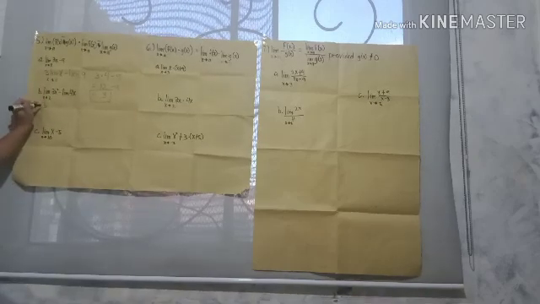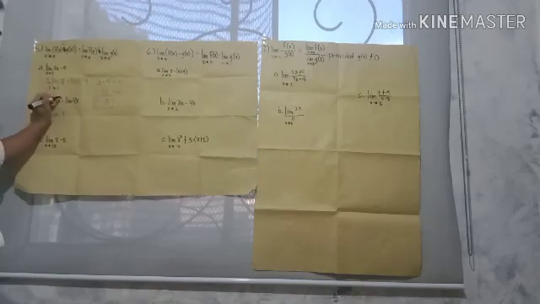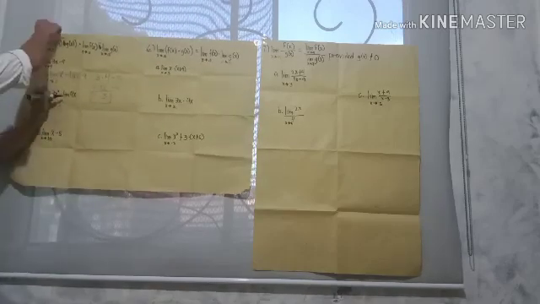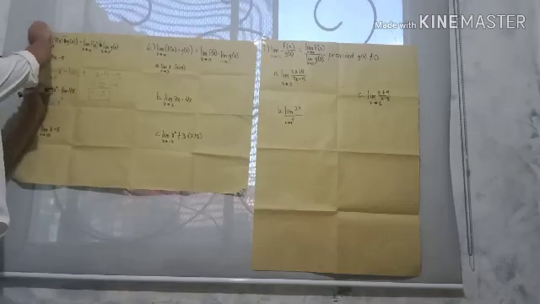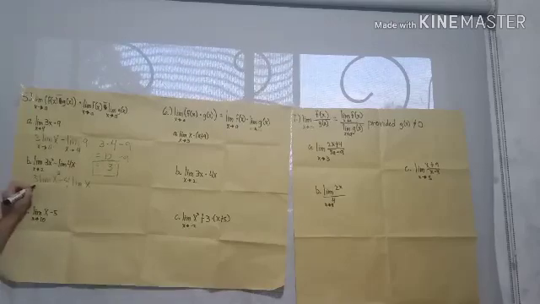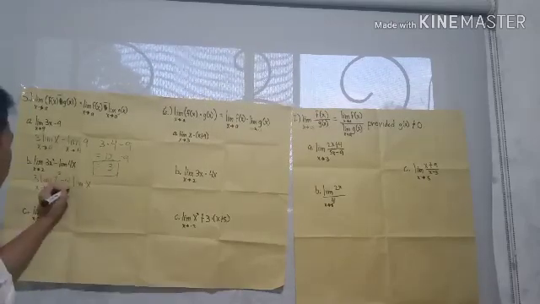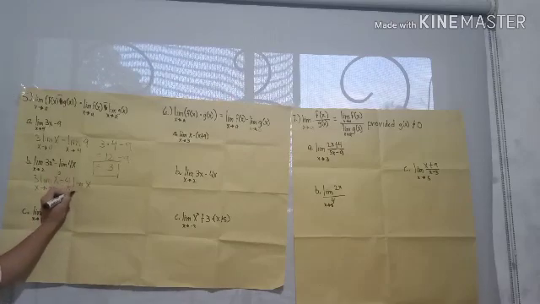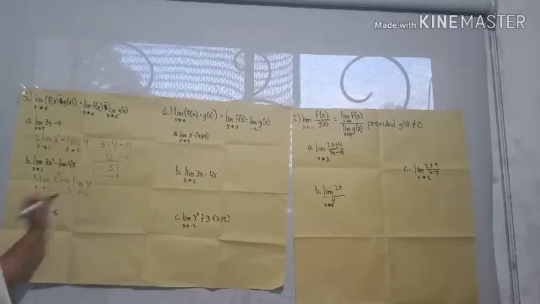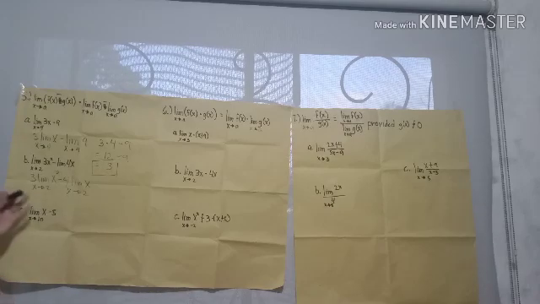So 3 limit x squared minus 4 limit x as x approaches 2. So now we can solve by substituting the value of x.